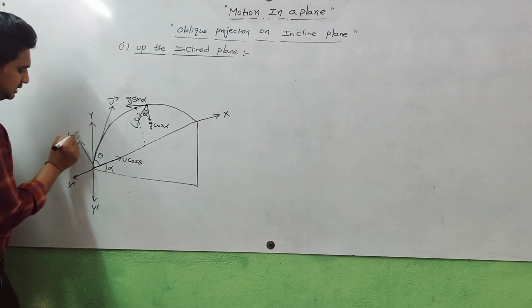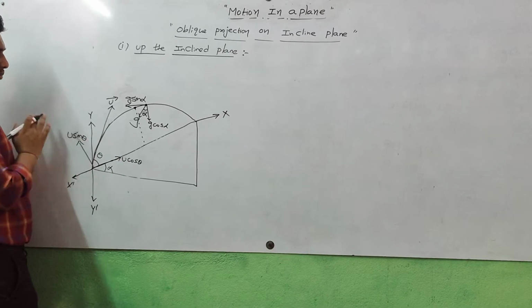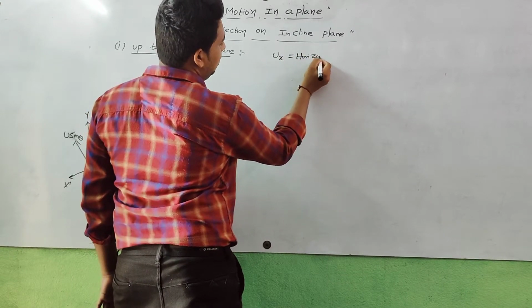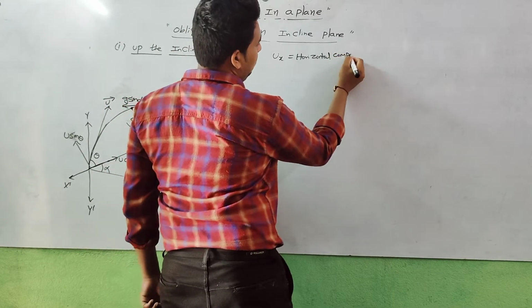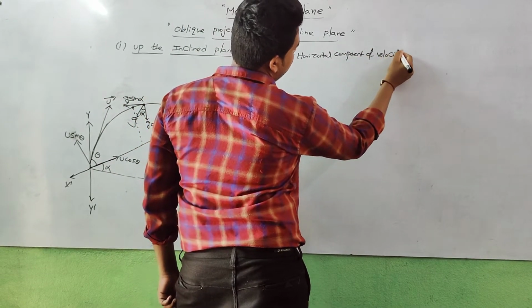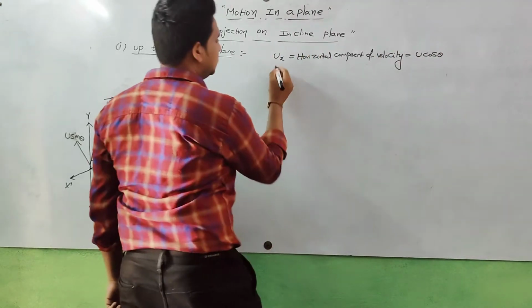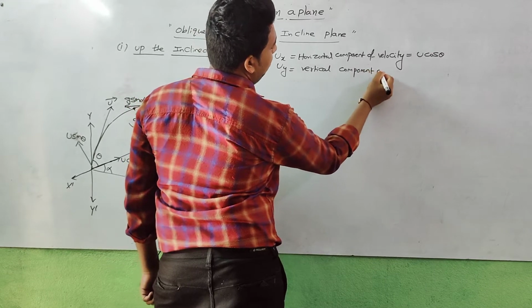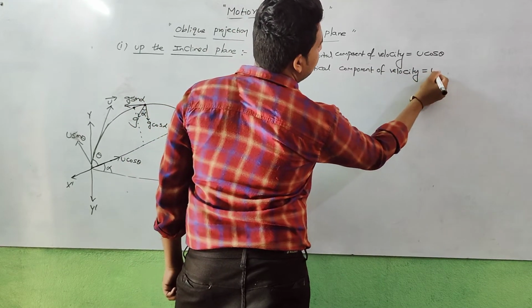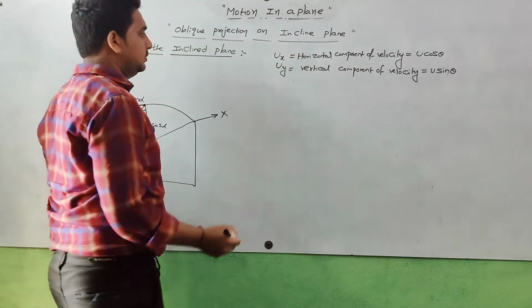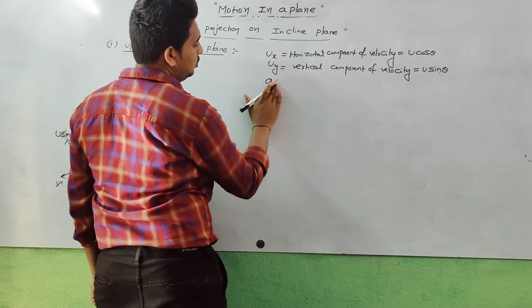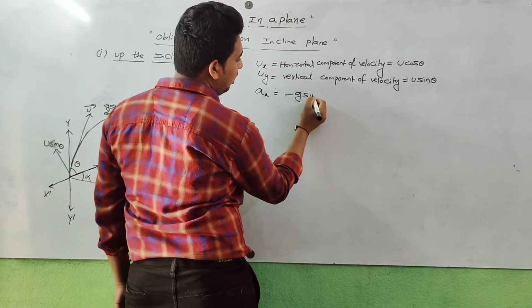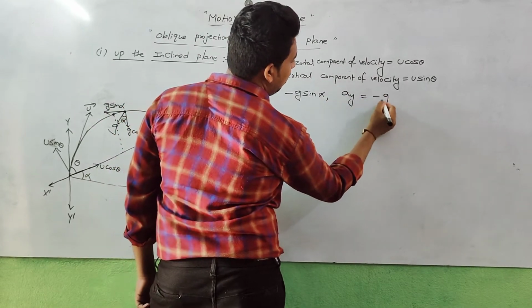This is the horizontal component and this is the vertical component. ux, the horizontal component of velocity, is equal to u cos theta. uy, the vertical component of velocity, is equal to u sin theta. ax, which I already found in the last lecture, is minus g sin alpha, and ay is minus g cos alpha.